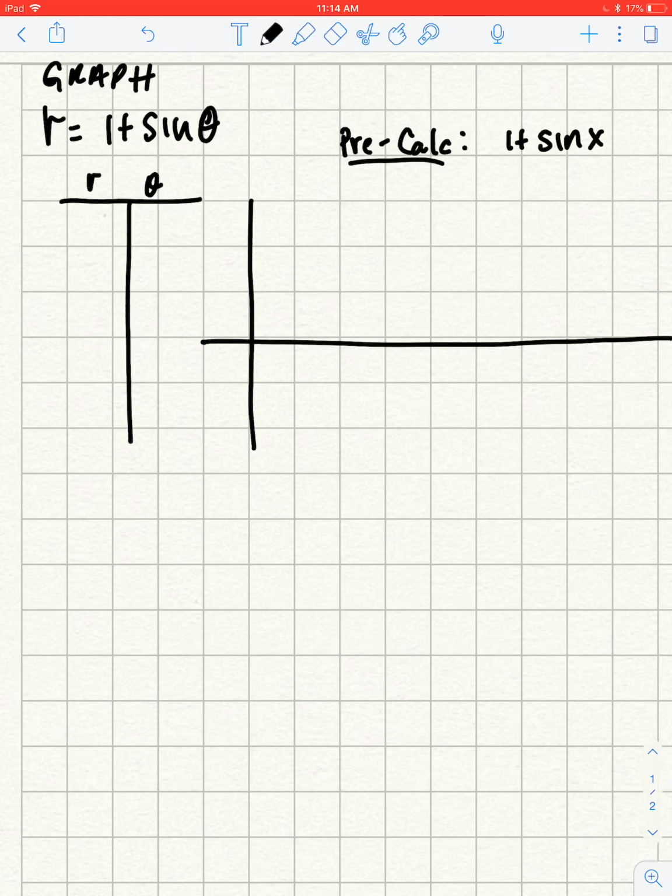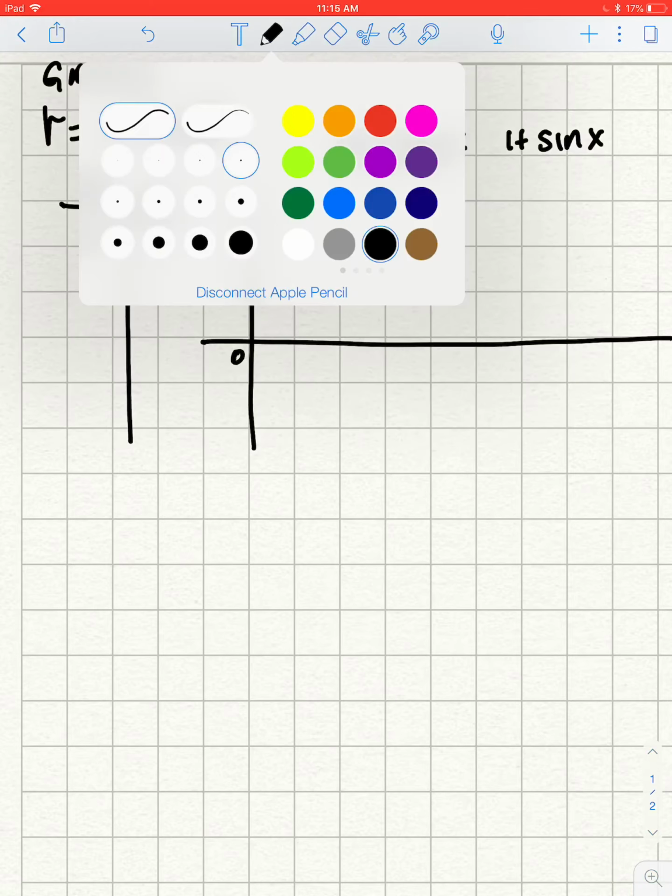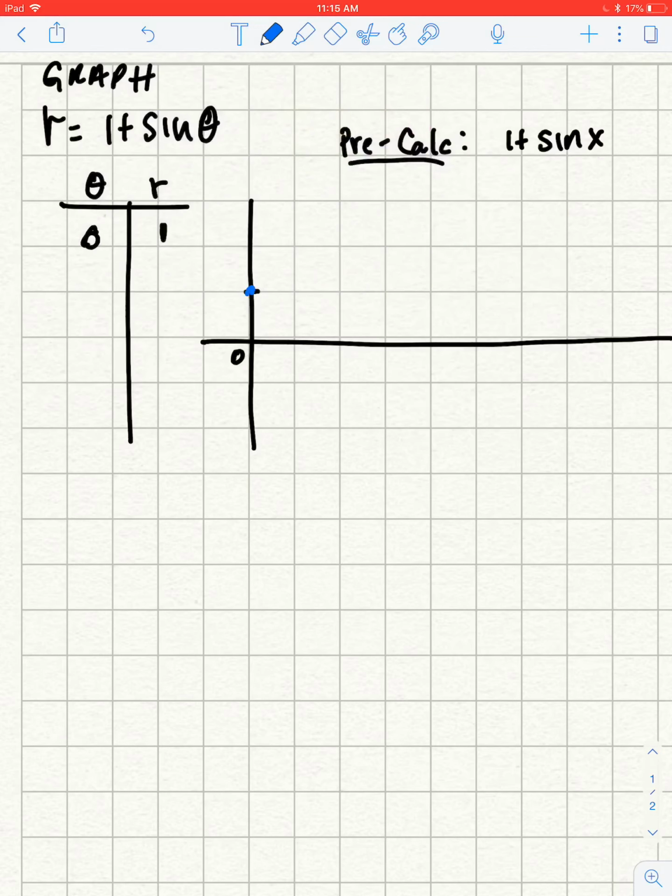So again, actually my fault. We should have theta and r that way. Okay. So going back to pre-calc, 0, right? So if you're plugging in the angle to be 0, you're going to wind up getting 1. We get 1.